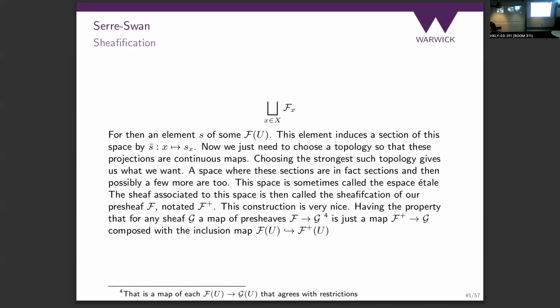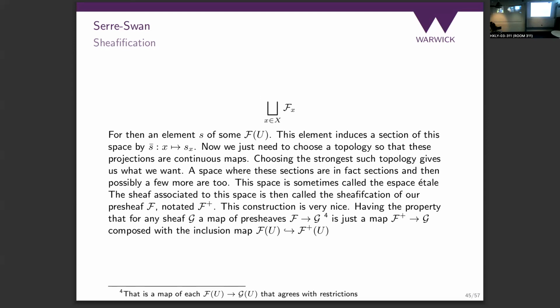In order to get the topology on this space, for every section of our sheaf, we can define a section of this actual space by just mapping a point to whatever S restricts down to.